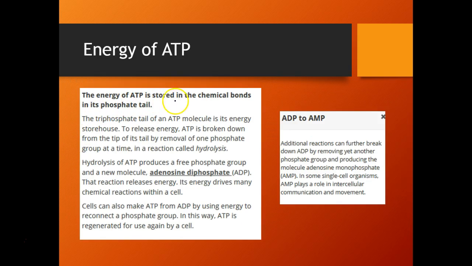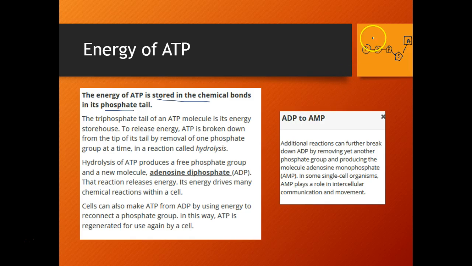The energy of ATP is stored in the chemical bonds in its phosphate tail. Remember when we looked at ATP, we had 3 phosphates, a sugar, and also the base, which was adenine.